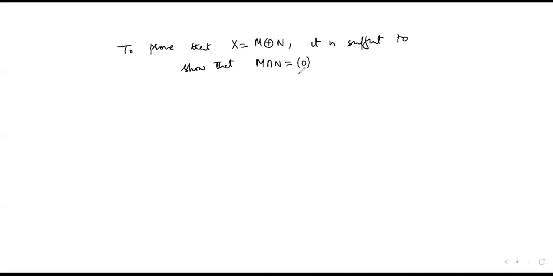Now to prove that X can be written as a direct sum of M plus N, it is sufficient to show that M intersection N contains only the zero element, the additive identity.